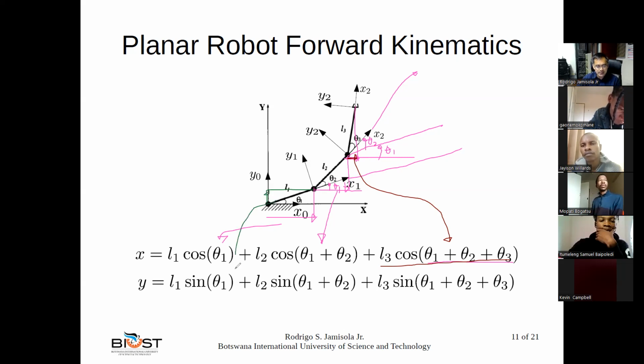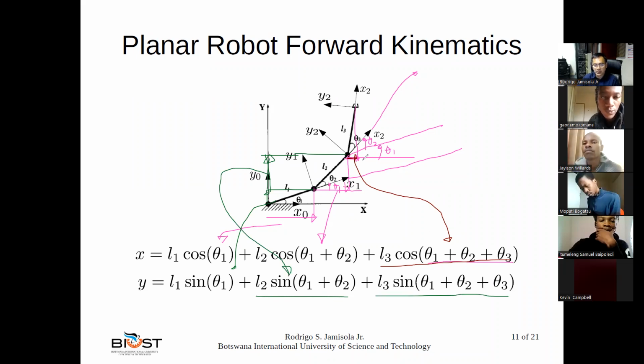Again, this is just component by component all the way, because you are decomposing each component according to the corresponding axis. So L1, then L2 times sine, and L3 times sine of the total angle. We know already the total angle is that, and the sine is that part.